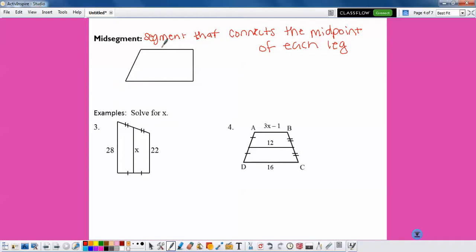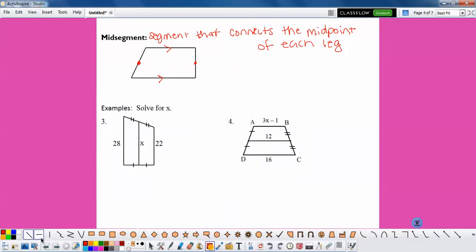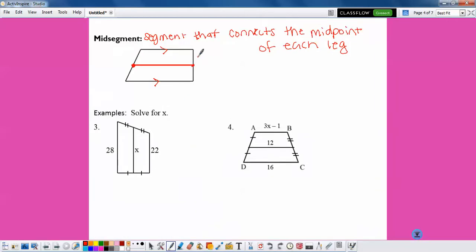So these are our parallel sides. So these are our legs. Let's say the midpoint's here, and the other midpoint's here. So those connected, that's the midsegment.